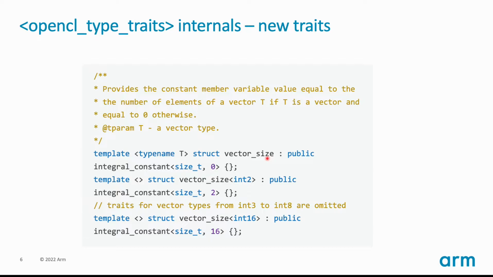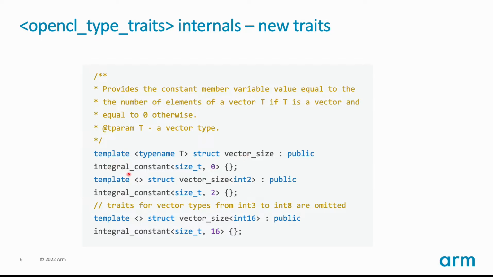Here is another example where we are adding a new trait, vector_size. This trait will have a member value corresponding to the number of vector elements in case a type is a vector, and otherwise it will just have 0.